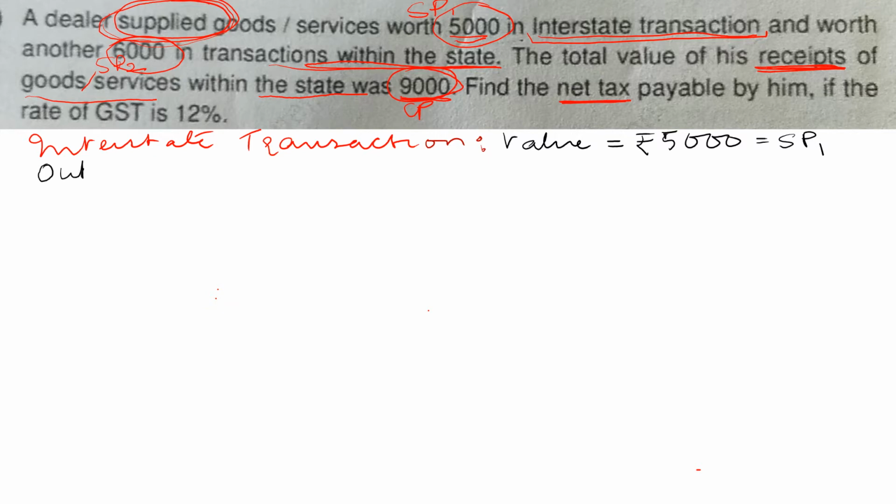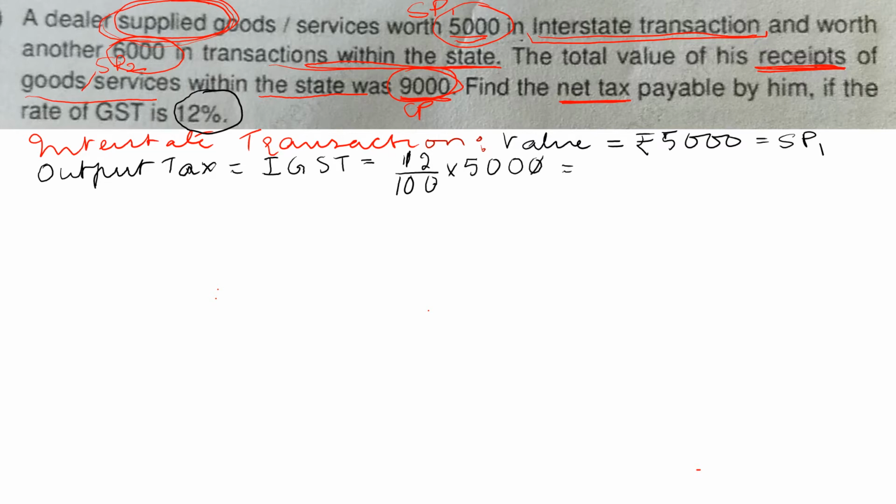So the output tax is going to be IGST. The rate of GST is 12%. So it will be 12 upon 100 multiplied by 5,000. Cancel the two zeros, and that will be rupees 600. This will be because of his first selling price.